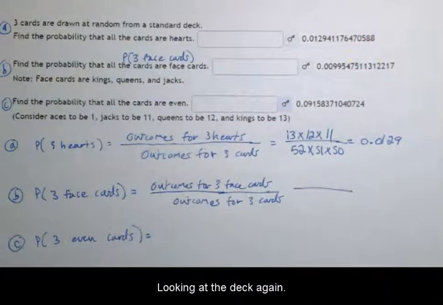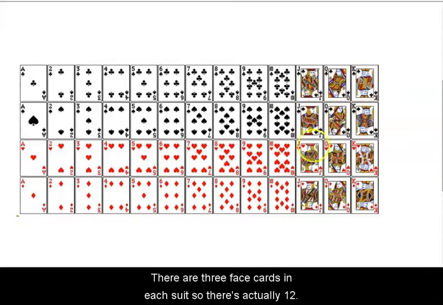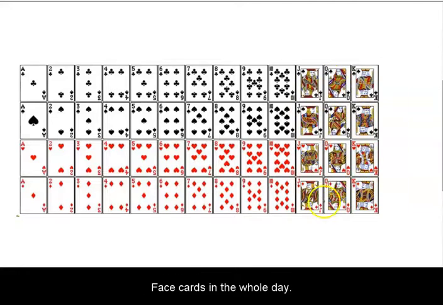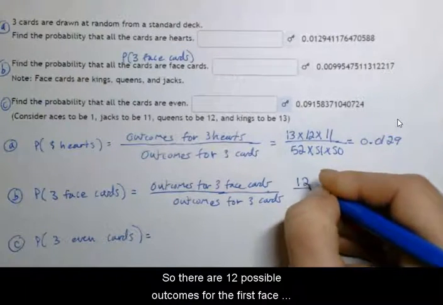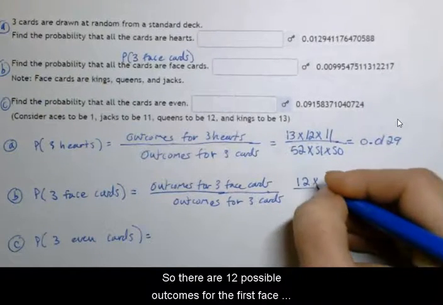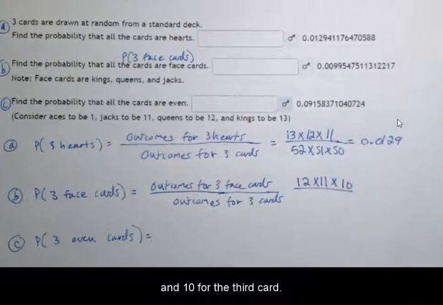Looking at the deck again, there are 3 face cards in each suit, so there's actually 12 face cards in the whole deck. 12 possible outcomes. So there are 12 possible outcomes for the first face card, then 11 for the second card, 10 for the third card.